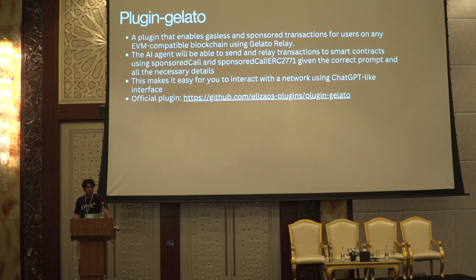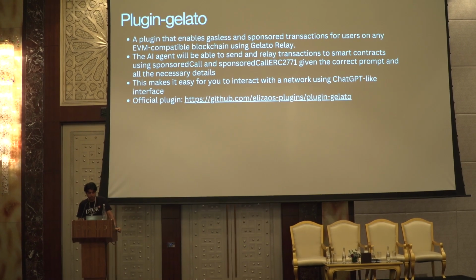Cool. So now that we have understood what ELIZA OS is, its architecture as well, very, very briefly, and we have understood what the Gelato middleware services are, I would like to explain and also showcase to you the plugin Gelato, which is one of the plugins that's officially supported in the ELIZA OS GitHub repo.